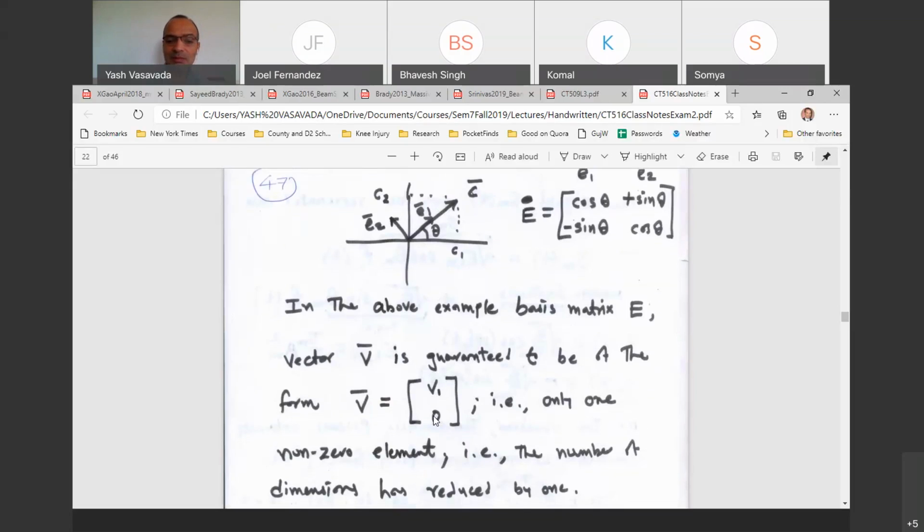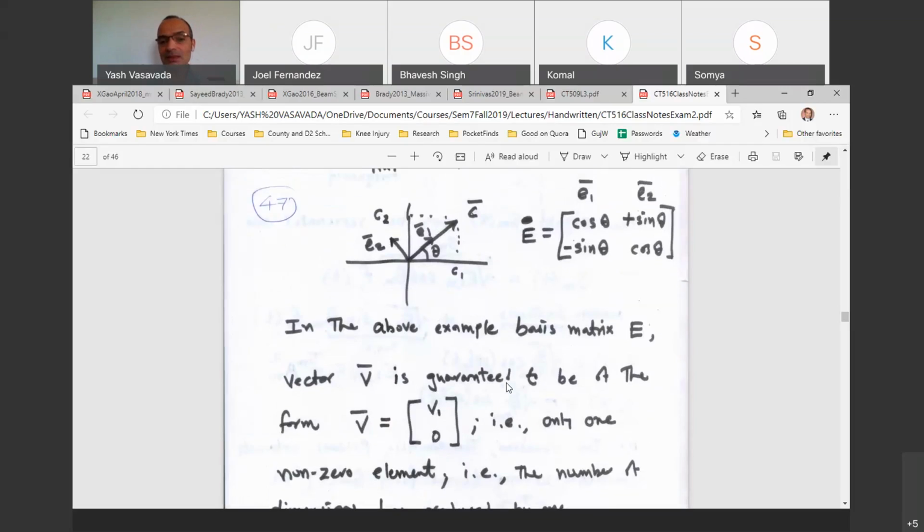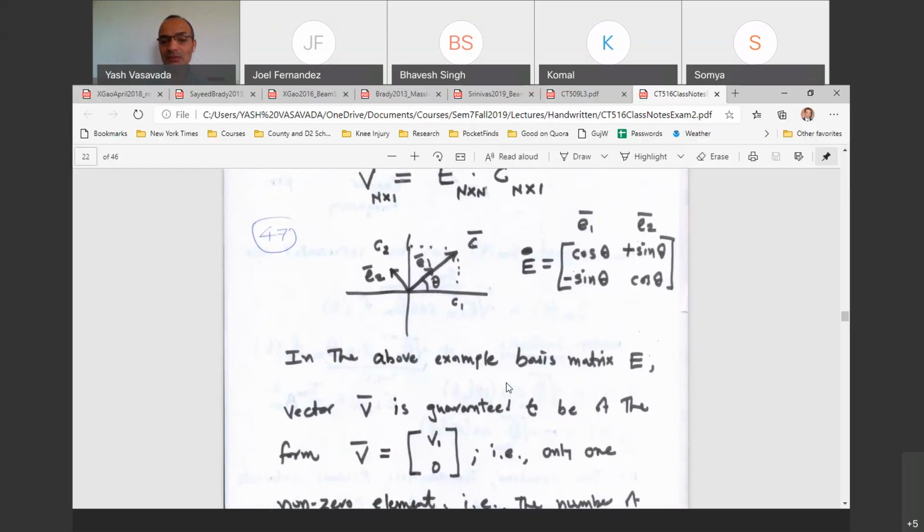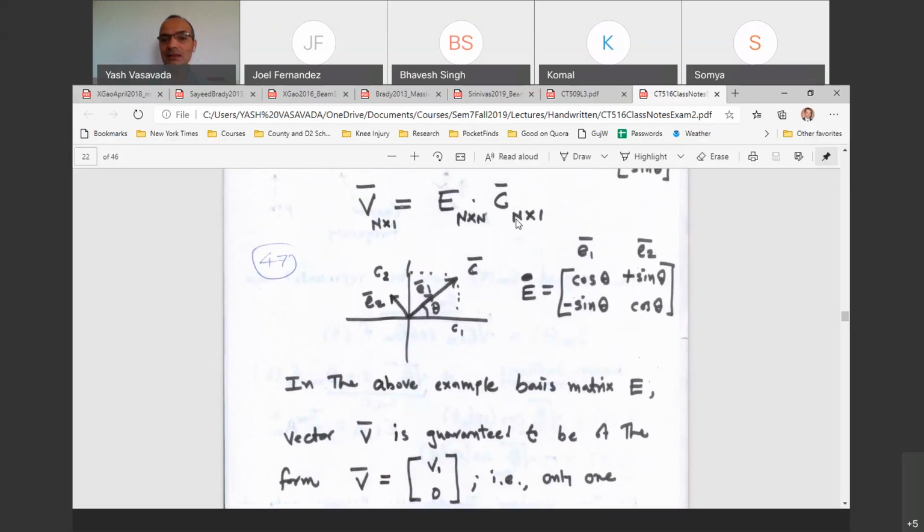You may say, well, what is the big deal? It becomes quite impressive if this N here is not just 2. C is not a 2x1 vector, but is maybe residing in a much higher dimensional space. Suppose C has 200 elements, and by doing this, I get a vector V which also has 200 elements, but I know that only one out of those 200 elements is non-zero, others are 0.